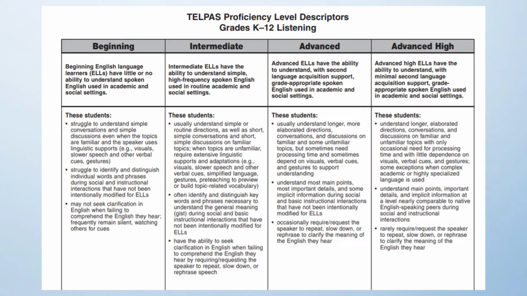When topics are unfamiliar, they require extensive linguistic supports and adaptations. They often identify and distinguish key words and phrases necessary to understand the general meaning during social and basic instructional interactions that have been intentionally modified for ELPS. They also have the ability to seek clarification in English when failing to comprehend the English they hear by requesting the speaker to repeat, slow down, or rephrase speech.